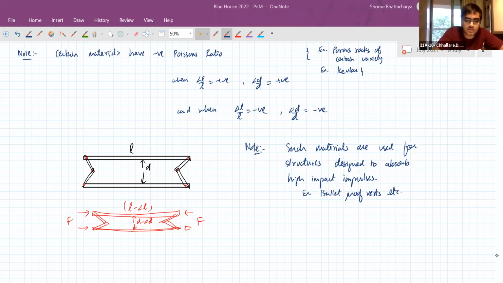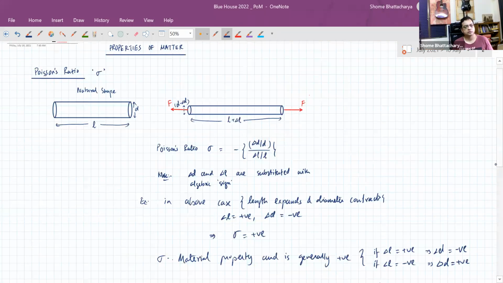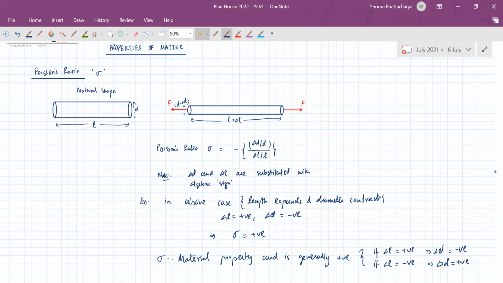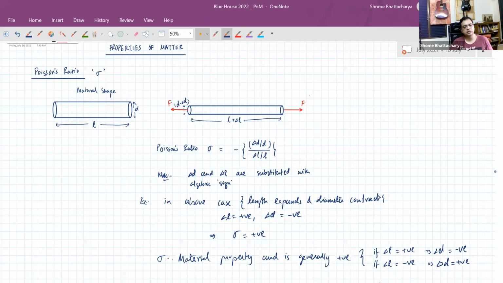So can I do the Poisson's ratio again? Sir, in this process, the density will decrease, no? Yeah. In compression, the density will decrease. In extension, the density will increase.